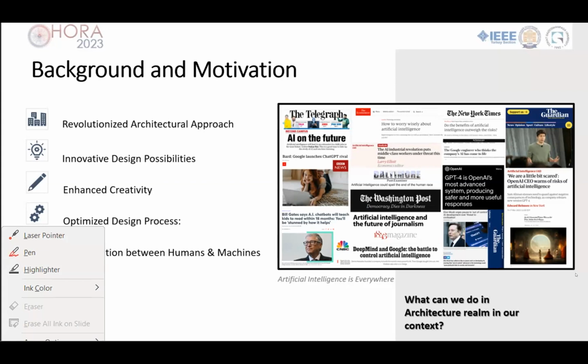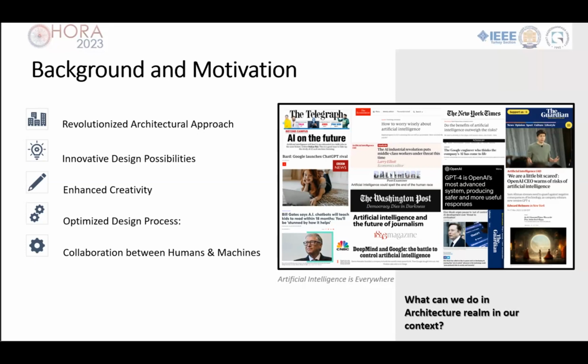Neural networks enable the generation of novel and unconventional architectural forms, pushing the boundaries of traditional design approaches. Neural networks inspire architects to think outside of the box, fostering new ideas and design concepts. For example, AI-powered tools can generate endless design variations, simulating creative thinking and exploration.